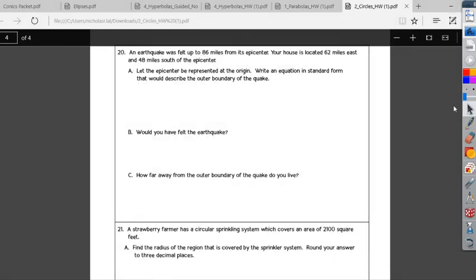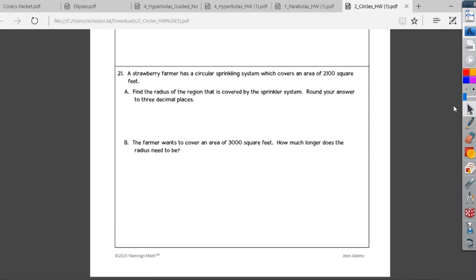Going to the last question now. This one I'm going to try to set up for you and see how well you guys do on your own. Okay? We have a sprinkling system which covers an area of 2,100 square feet. Find the radius of the region that is covered by the sprinkler system. Alright.